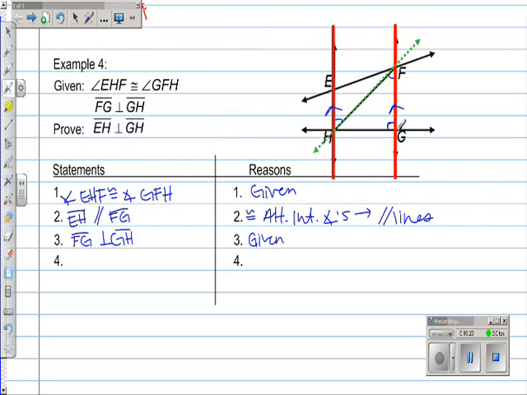We know these lines are parallel and GH is perpendicular to FG. Based on our perpendicular transversal theorem, if a transversal is perpendicular to one of two parallel lines, then it's perpendicular to the other line. So we can say EH is perpendicular to GH because of our perpendicular transversal theorem.